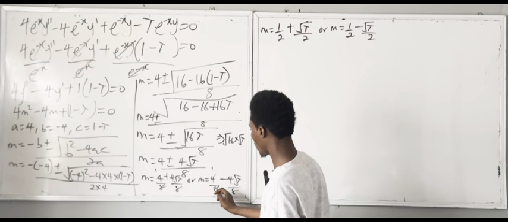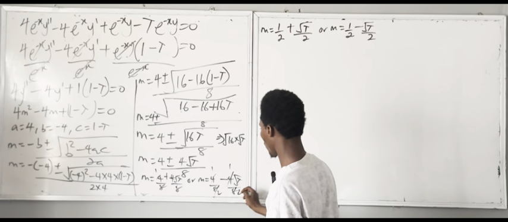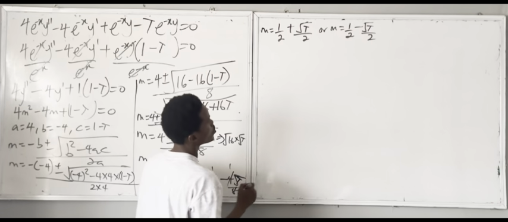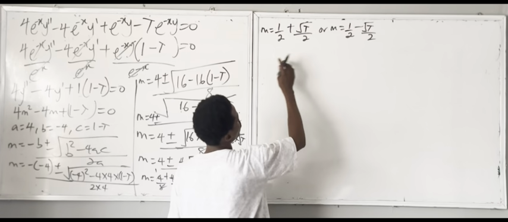Four into 8 is 2, and here is the square root of lambda, so you can see that we have over 2 in both.